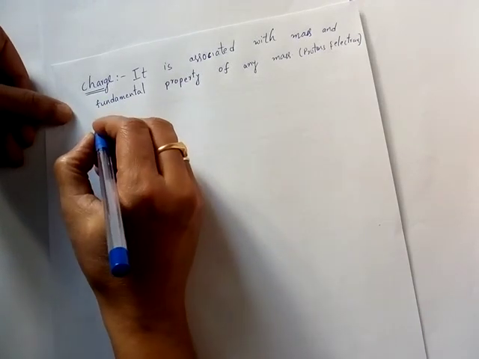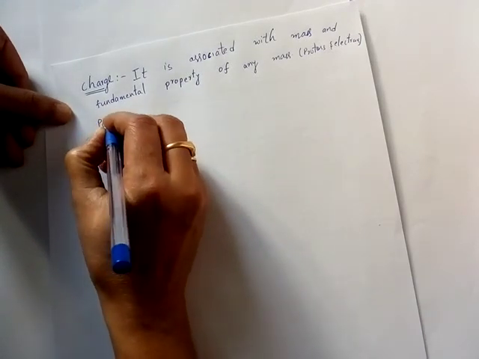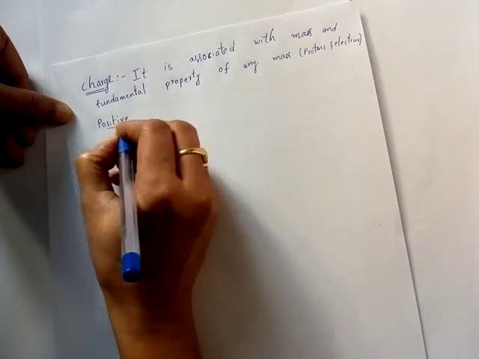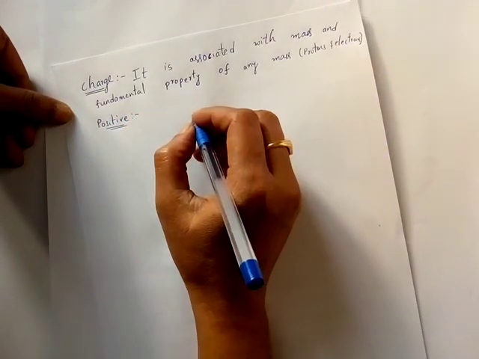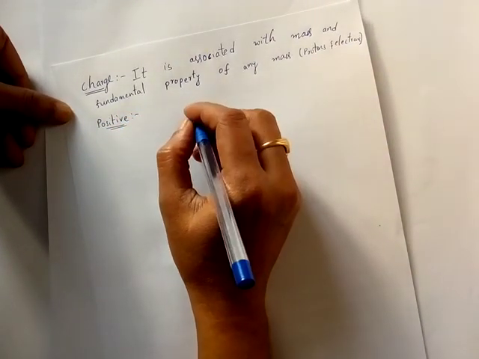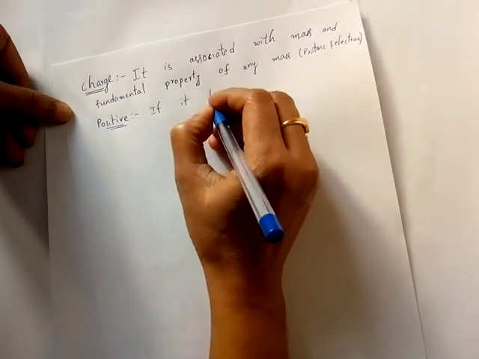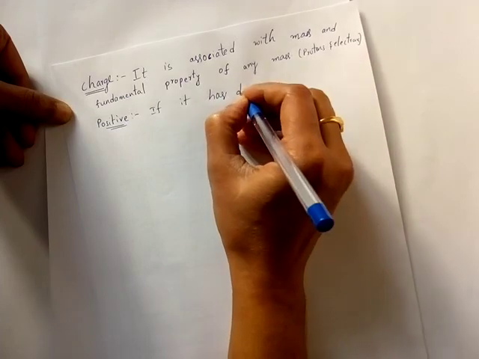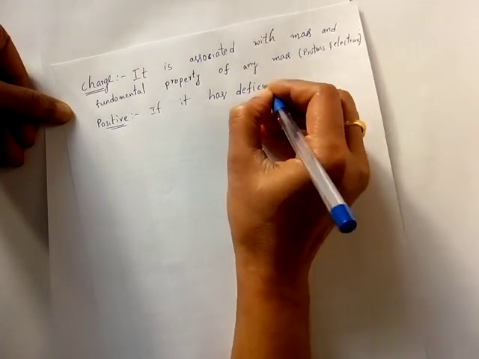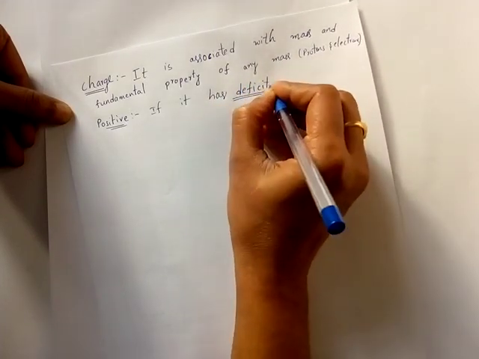Then we have two types of charges. One is positive charge and other one is negative charge. We say a body is positively charged if it has a deficit of electrons.